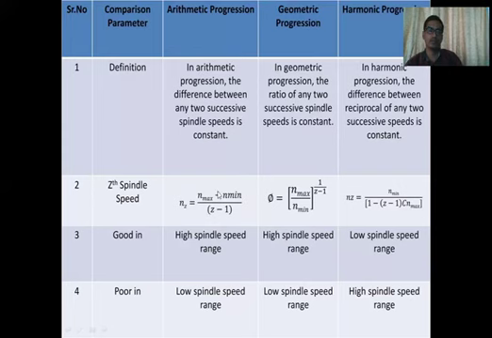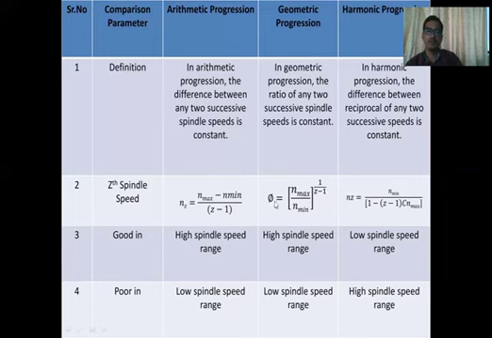In geometric progression law, it depends on the geometric progression ratio value. So if phi is constant, we can calculate the different spindle speeds by using that phi. Phi is given as n max upon n minimum raised to 1 upon z minus 1, where n max is the maximum spindle speed in RPM, n minimum is the minimum spindle speed in RPM, and z is the total number of speed steps.